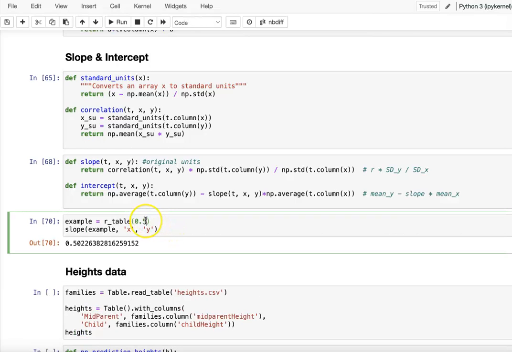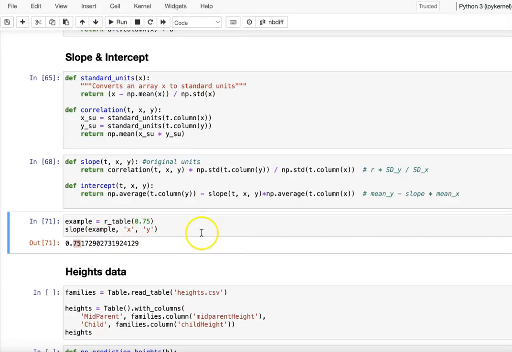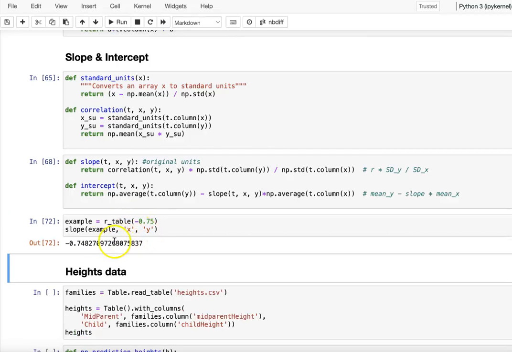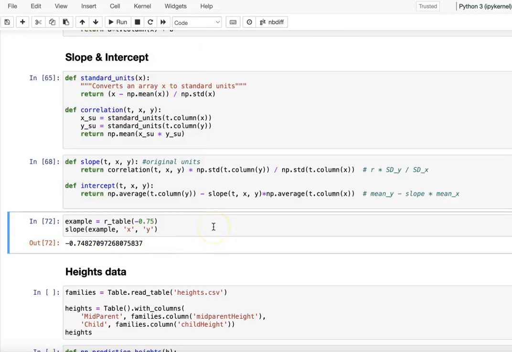The same thing we can see if we change to 0.75: at least the first two digits are exactly the same, even if you make it negative. When we run it, it is still negative 0.75. So that is just one correction.